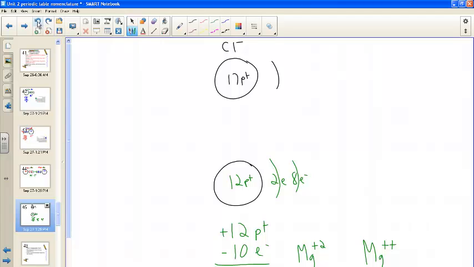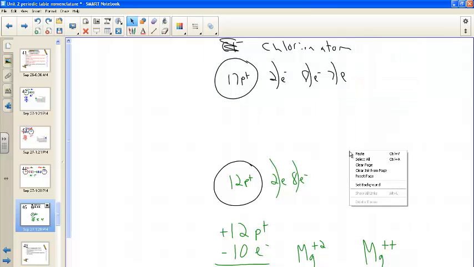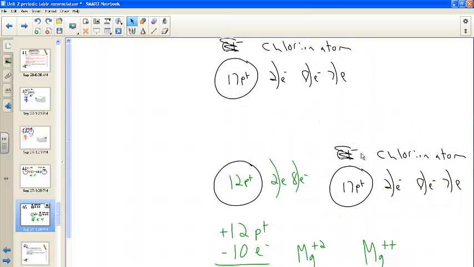Let's make it an atom first. 2 electrons, 8 electrons, 7 electrons. This is a chlorine atom. And let's put one more of them down here. So when we're looking at what wants to happen, I should have backtracked on that.